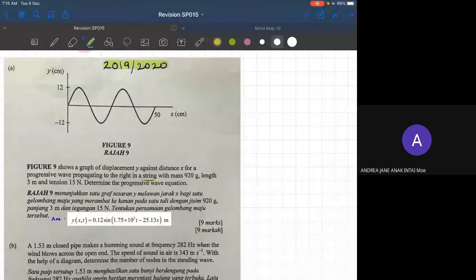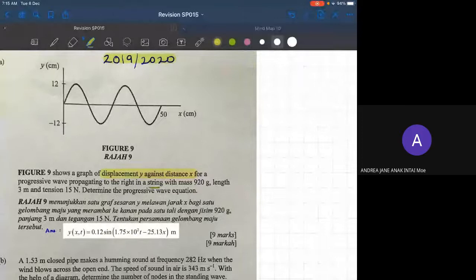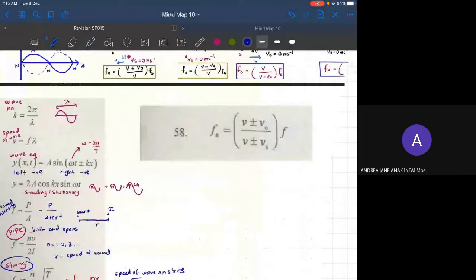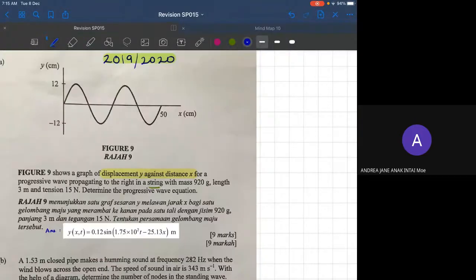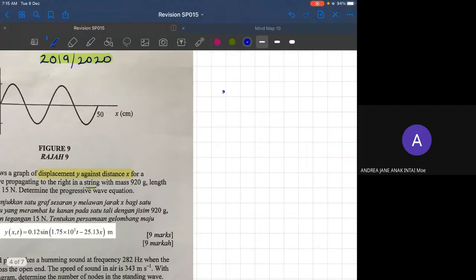Okay, figure shows a displacement y against x. So kita ada displacement y against x lah. Okay. So kamu kena ingat equation wave ni kan. Misalkan tulis equation wave: y is equals to a sin omega t plus minus kx kan.